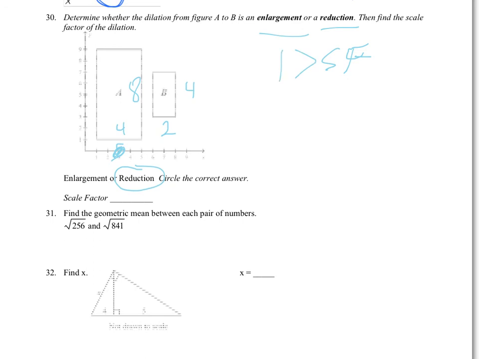So 1 is greater than my scale factor because it's getting smaller. So if I'm using these two numbers, I'm going to put 4 over 8. If I had put 8 over 4, that would give us a scale factor of 2, and we're not multiplying 8 times 2. What are we multiplying 8 times to get 4? Well, that would be 1/2. That is my scale factor, 1/2. It's getting smaller.